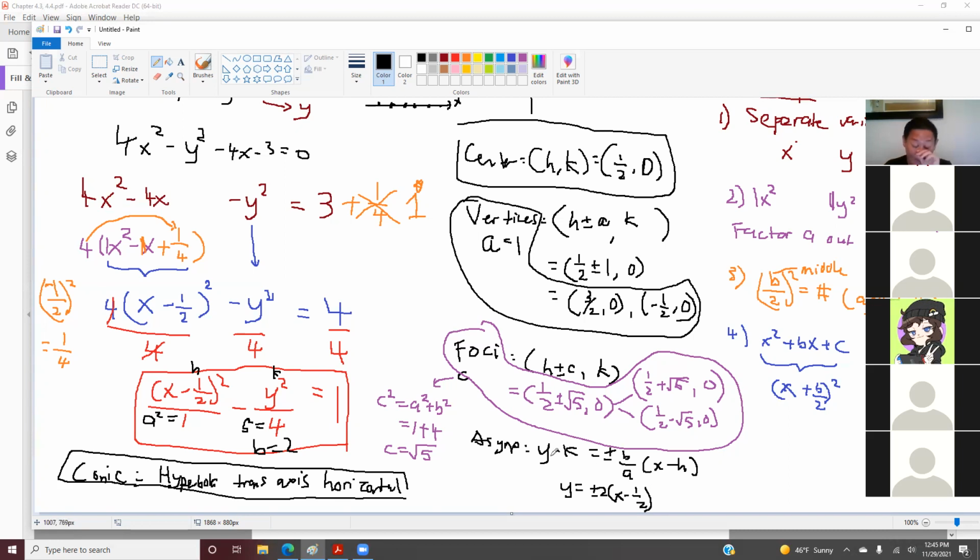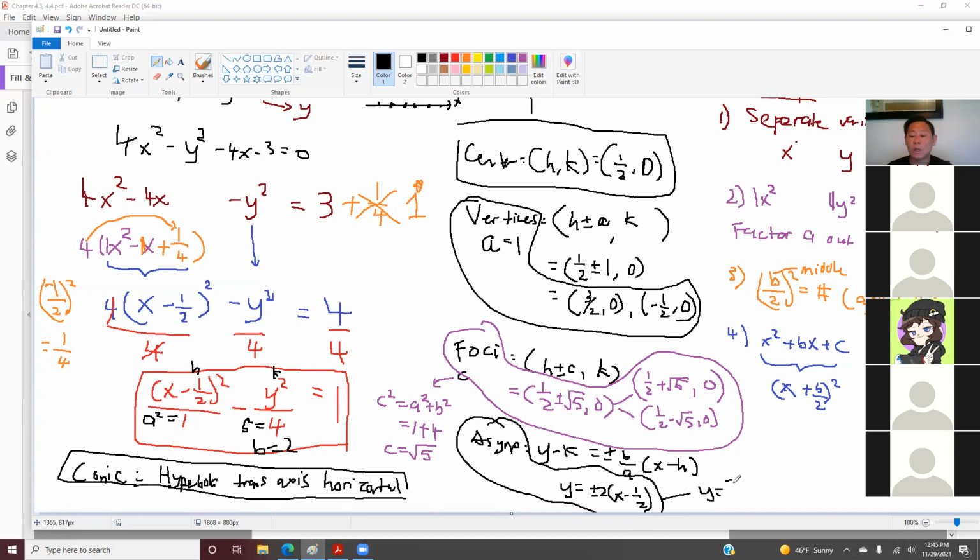Okay. So don't forget there are 2 asymptotes in this case. One is positive 2 times x minus 1/2. One is negative 2 times x minus 1/2. Now I'm okay if you write this on my test, but in your online homework you have to distribute your 2.